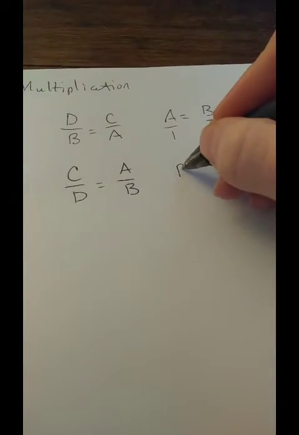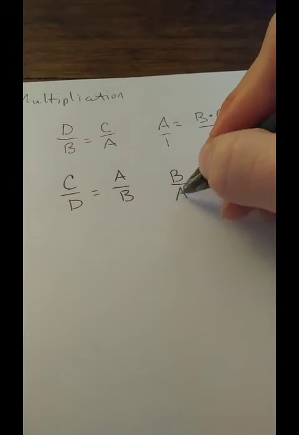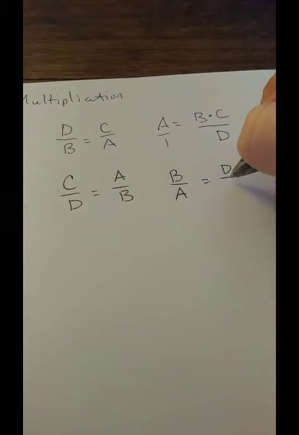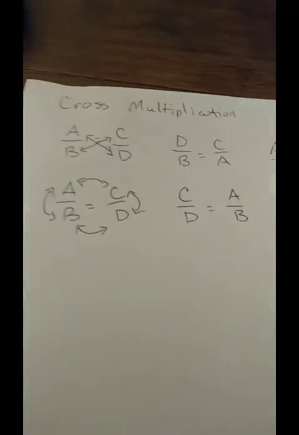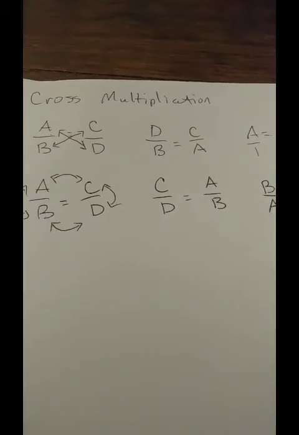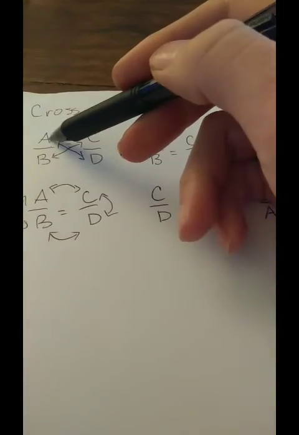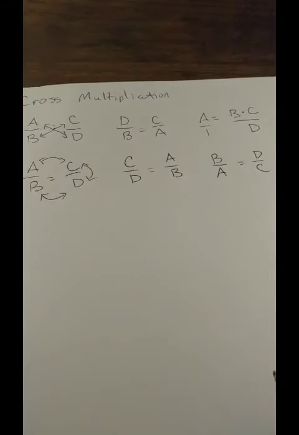So I can go B over A equals D over C. So in essence, as long as you do both at the same time, not one or the other, you can flip side to side, or you can flip top to bottom, again, both sides. Just strategies for getting your unknown in the upper left position.